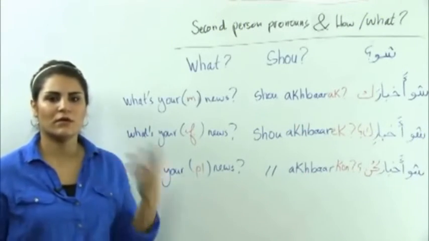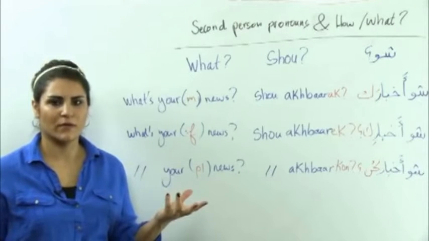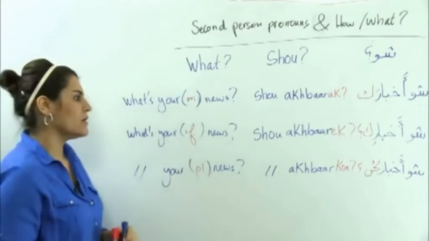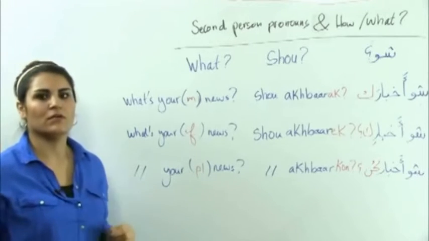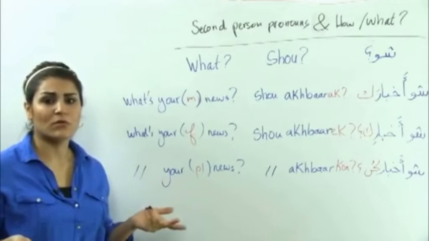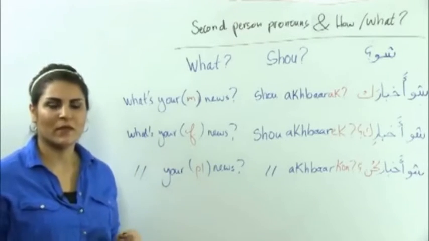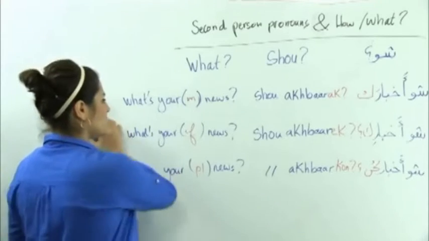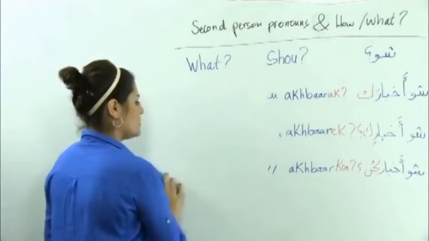Okay, so this is how you can ask someone how is it going. You use the word news, أخبار. Now this is the first question. The second question you can say, which is a slang expression, is what's up. How to say what's up in Arabic. So I'm going to erase this also.